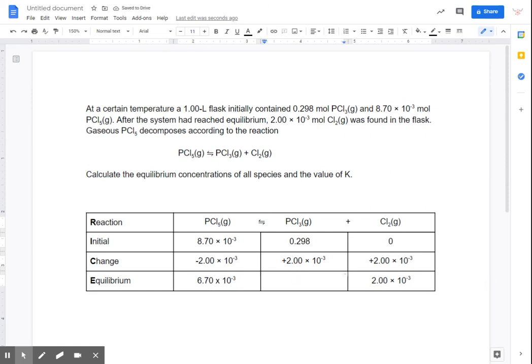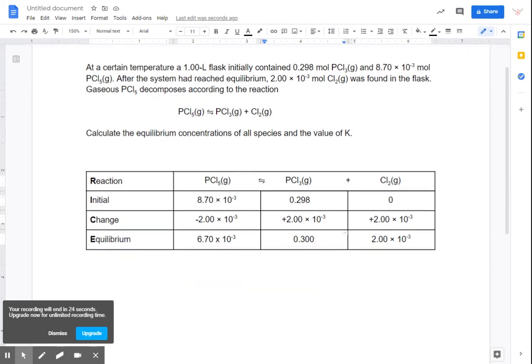And then the 0.298 plus 2 times 10 to the negative third is 0.300 molar. Okay, so that is how you would fill out your RICE chart. Then from here, here's your equilibrium values. You plug them into your expression, and you would get your value for K.